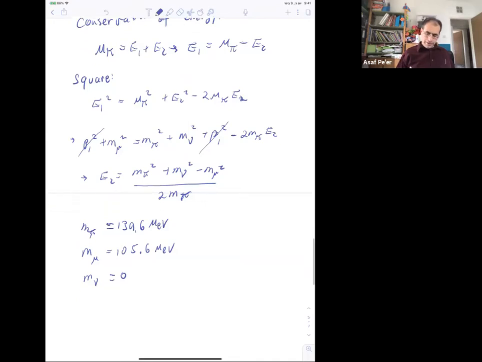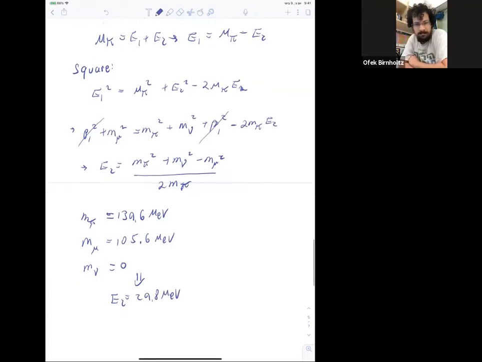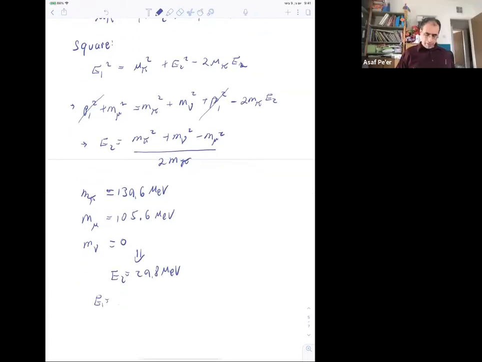Then you end up with E2 of 29.8 MeV. And then of course E1 is just m pion minus E2, so that's 109.8. Not particularly difficult, I think, unless you get confused, then it can be really difficult.